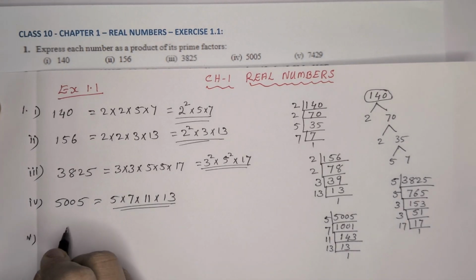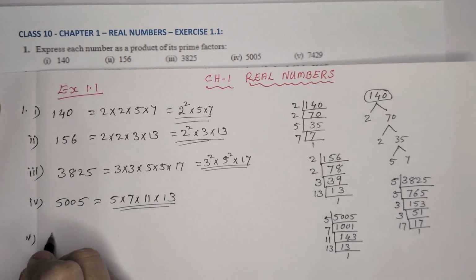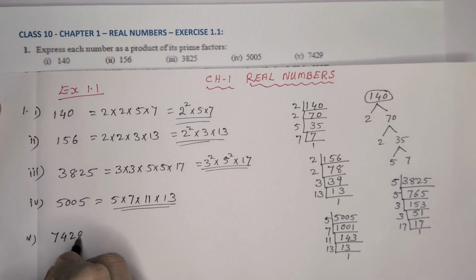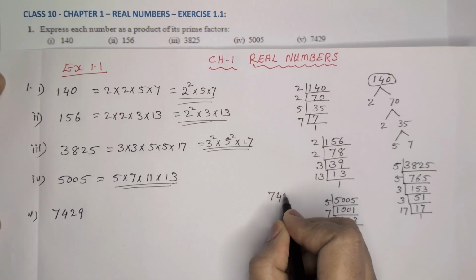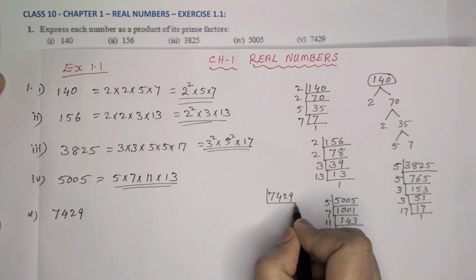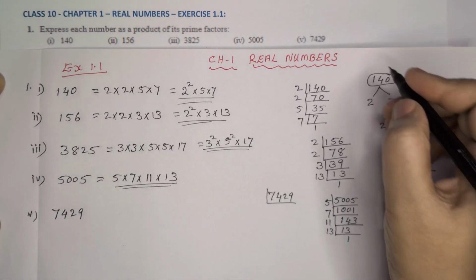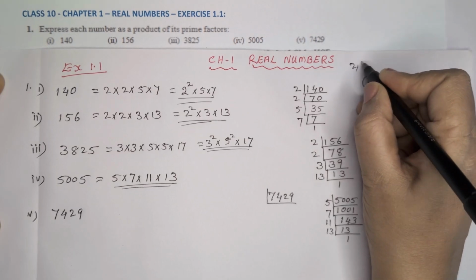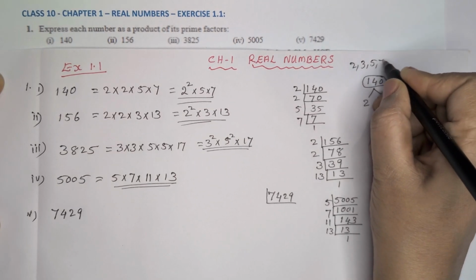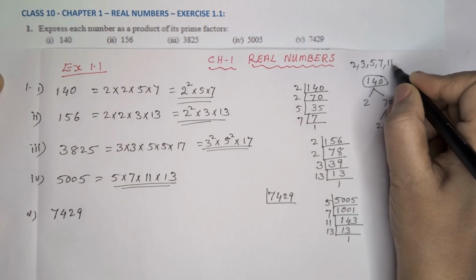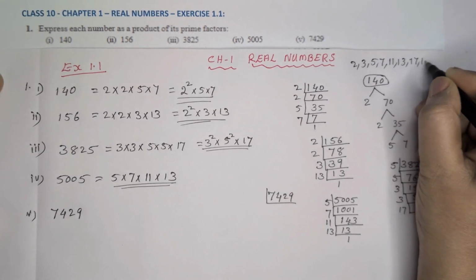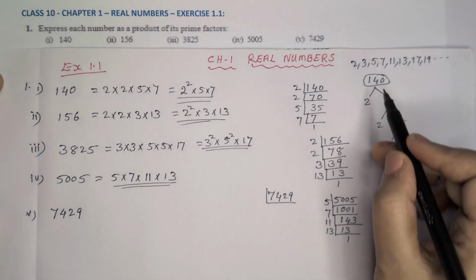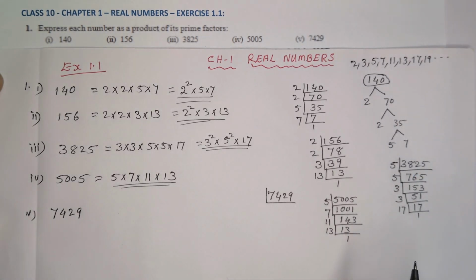Next one, 7429. This we have to check with all the prime numbers. We know the prime numbers 2, 3, 5, 7, 11, 13, 17, 19, etc. One by one we have to check with all these prime numbers.